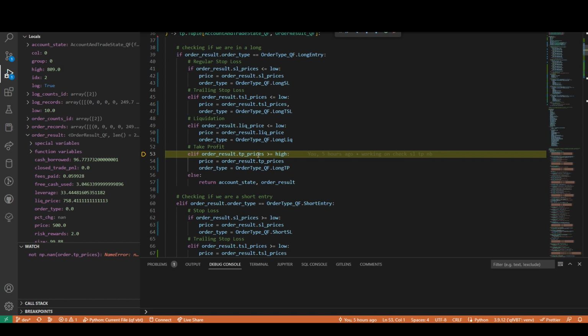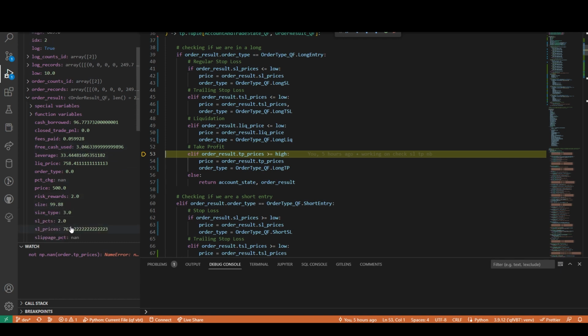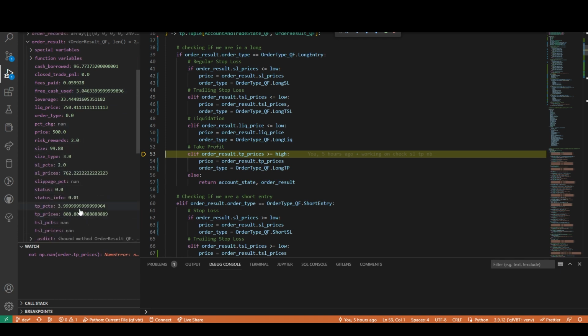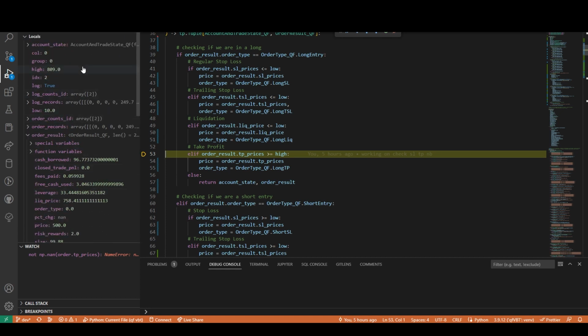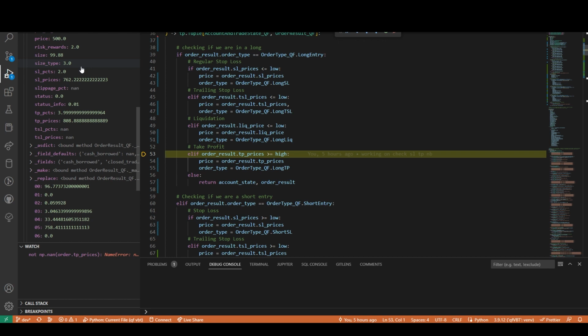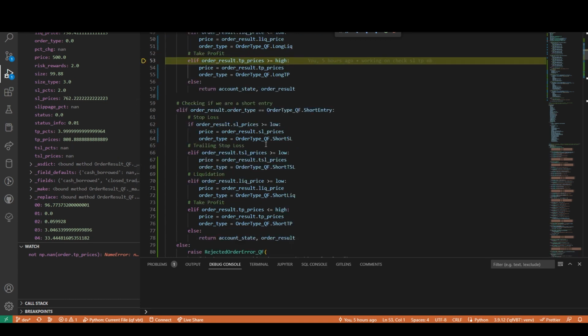So take profit price right here is 808.8, 808.8 is less than the high. Wait, what? Oh, we had to make it 8. Oh, wait a minute.